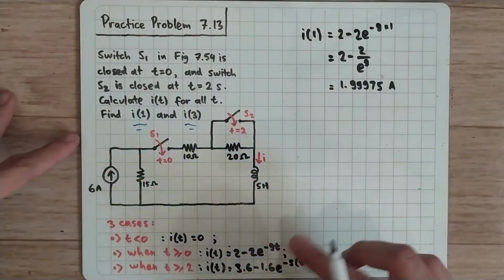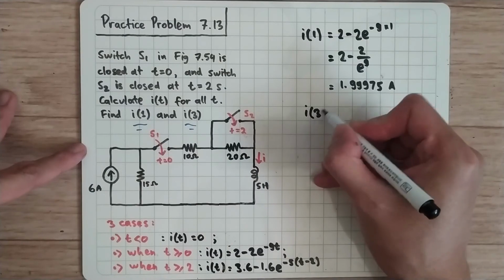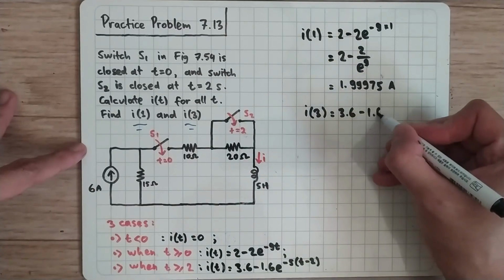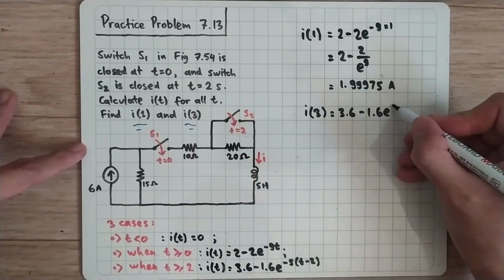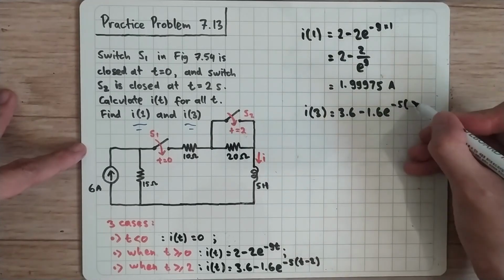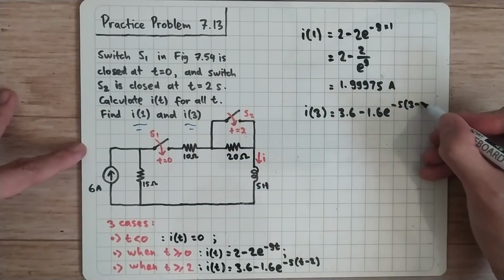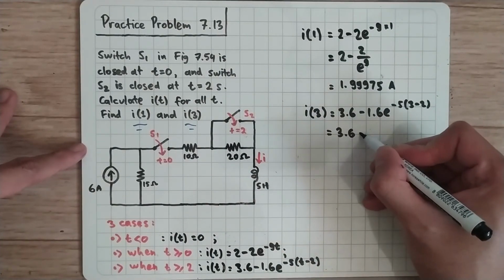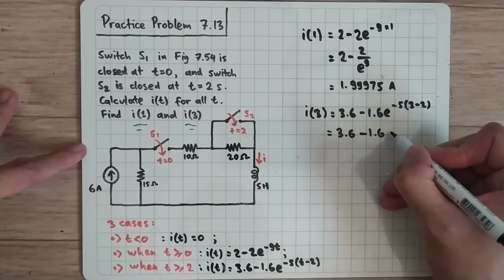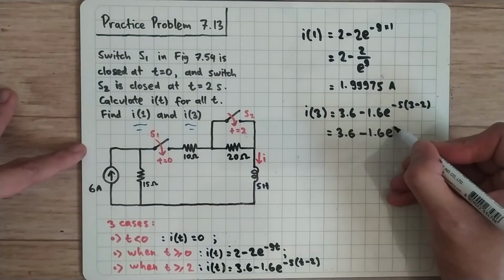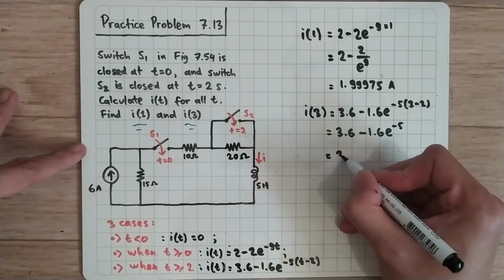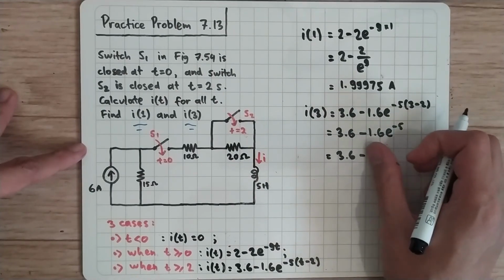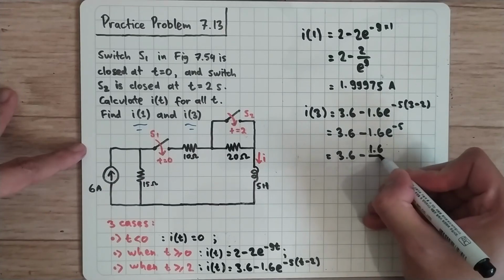And for I3, we can use this function here. So we'll have I3 is equal to 3.6 minus 1.6 e to the minus 5, and our t is 3. So we'll have 3 minus 2. Okay, now I will have 3.6 minus 1.6 e to the, this is minus 5, right? Minus 5, or we can rewrite this as 3.6 minus 1.6 divided by e to the 5.